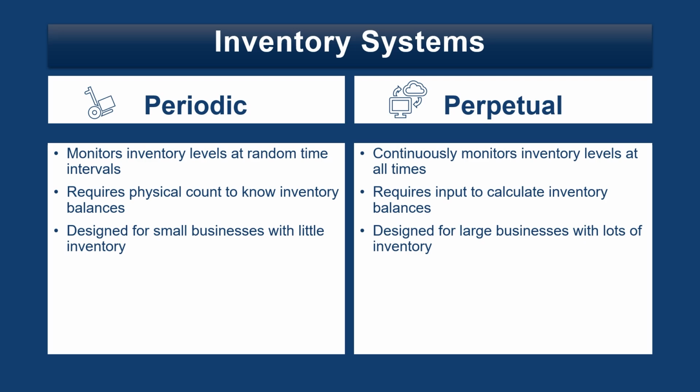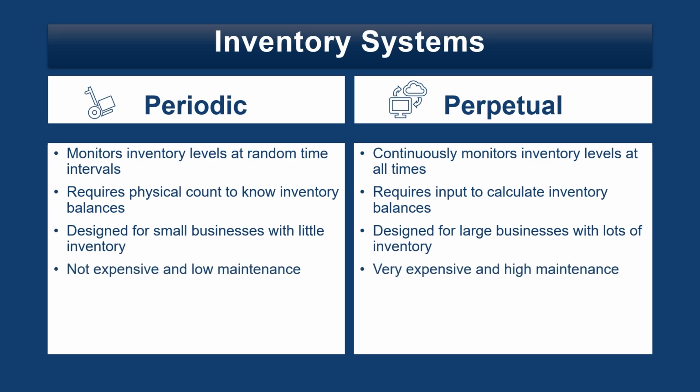Now, with that, you guessed it, a periodic system is something that you can really manually do yourself, not expensive at all. So for a small business to have a periodic inventory system, very easy to use, not expensive to maintain. A perpetual system, on the other hand, does require a lot of maintenance. So it is much more expensive compared to a periodic system.